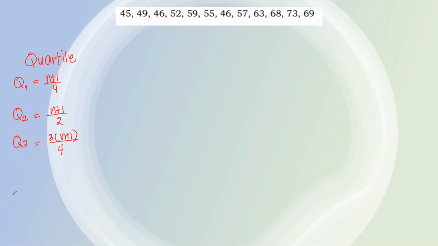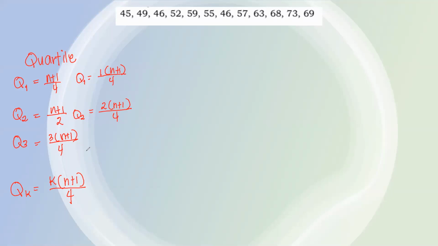Kasi ang formula po talaga nito ay Q sub K is equal to K times n plus 1 divided by 4, which is kung Q sub 1 tayo, that's 1 times n plus 1 divided by 4. Kung Q sub 2 naman tayo, that's 2 times n plus 1 divided by 4.